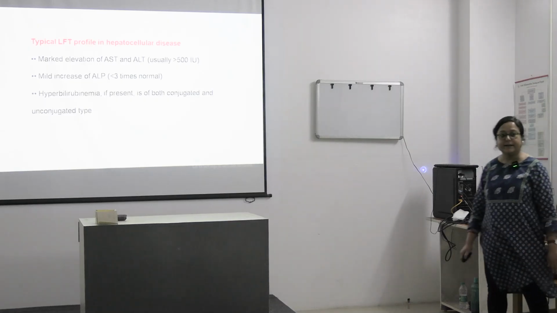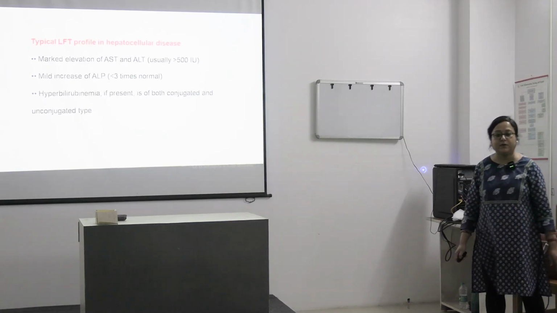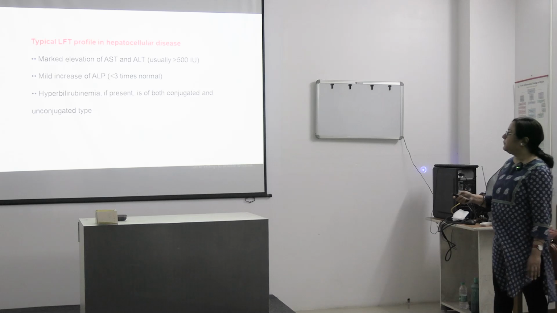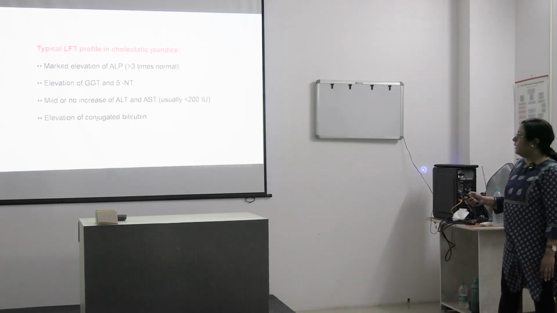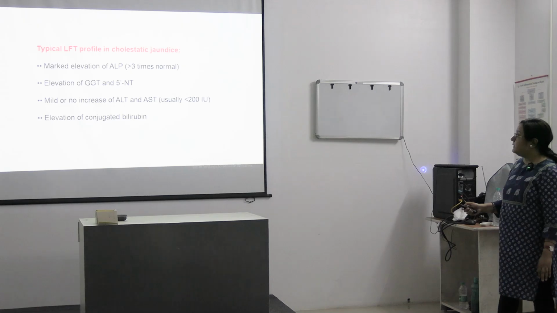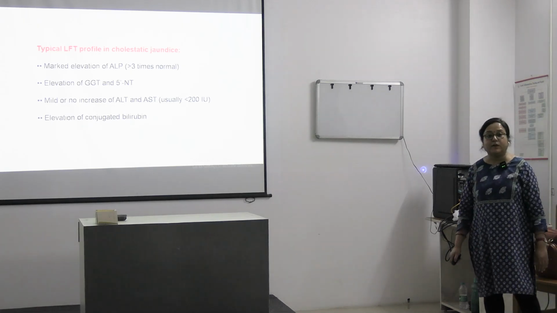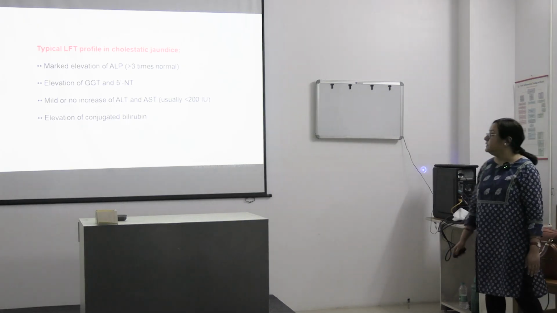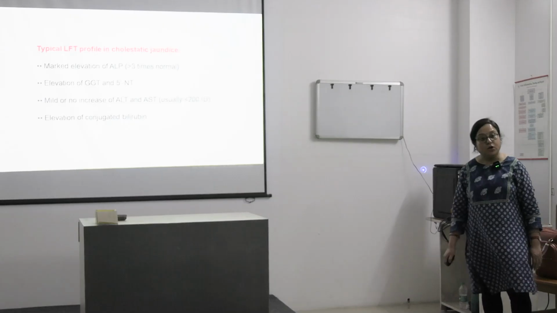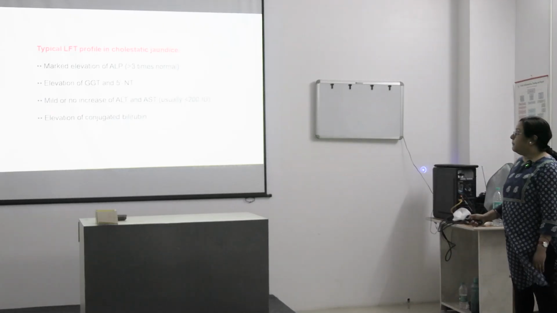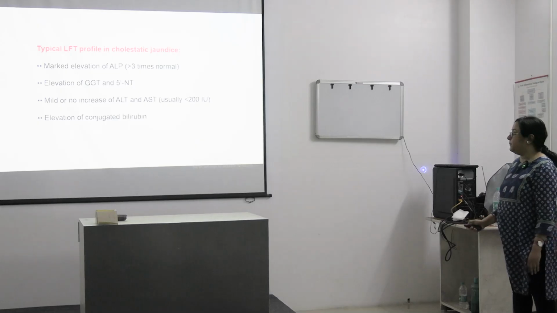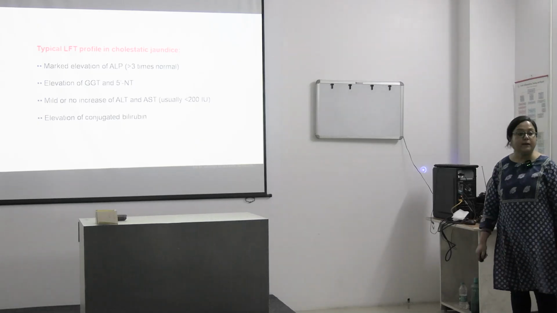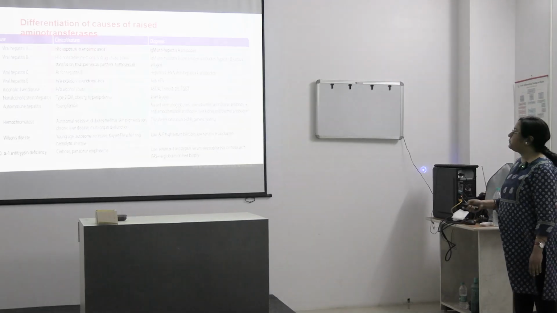It will be direct as well as indirect, meaning both types of bilirubin will be raised. But in cholestatic jaundice, we will see the reverse. There is marked elevation of ALP, highly increased, more than 3 times the normal level, but mild or no increase of ALT and AST, and only conjugated bilirubin is increased.